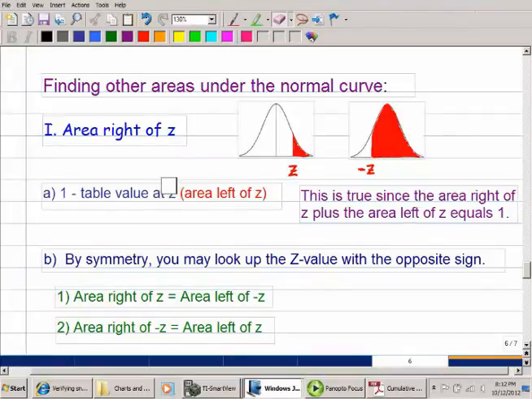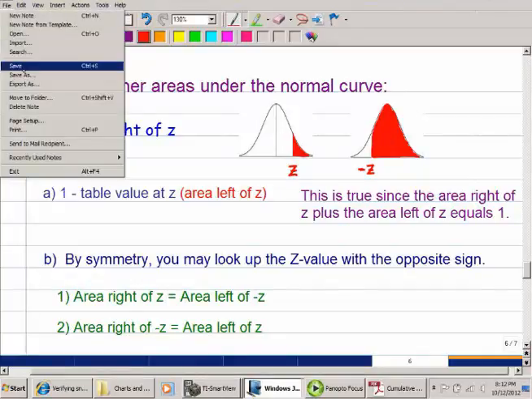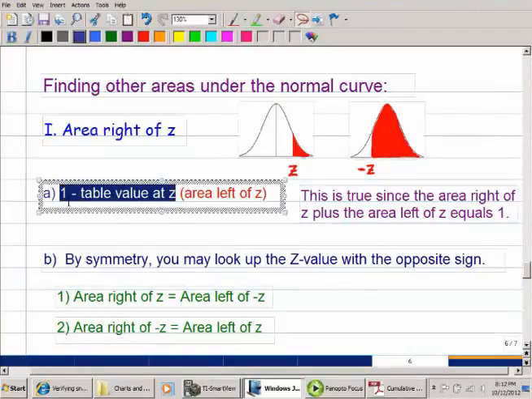Now, the other way to do this, which is generally the way that I like to do it, but I'll indicate to students that since there's 2 perfectly valid ways to do it, you can pick whichever one you like. Now, I'm going to use the symmetric property of the normal curve.